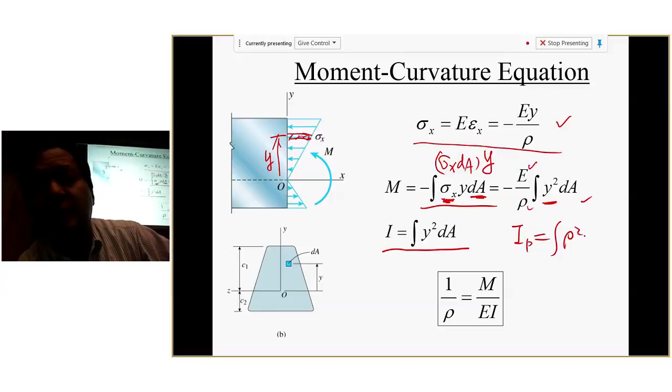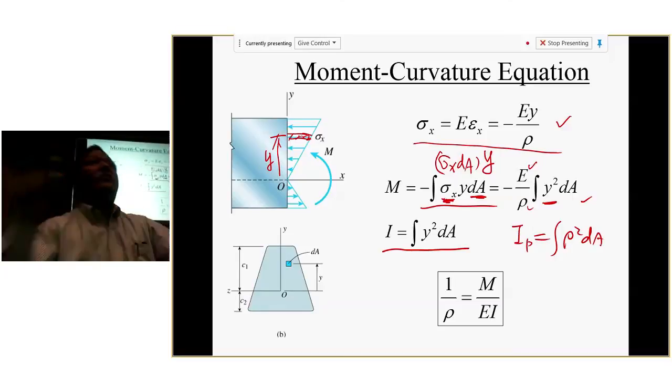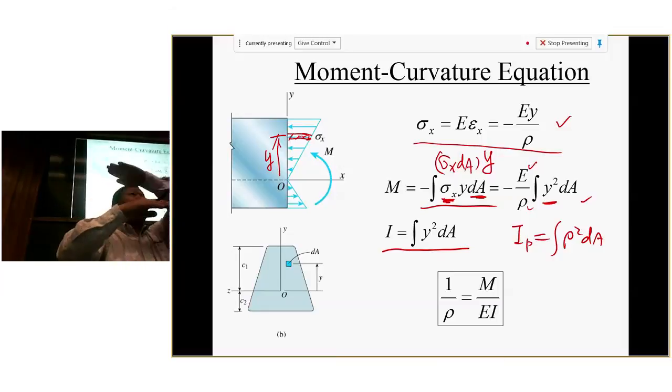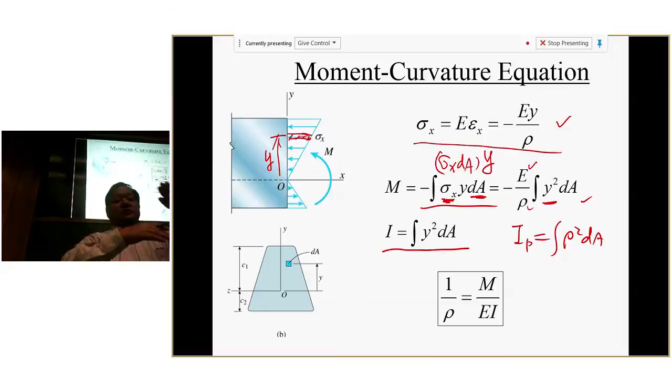Remember, that's the integral of rho squared dA, everything measured to the center, that's why it's called polar. Now you measure to an axis, the neutral axis, so it's a moment of inertia. How to calculate it, we'll leave for later, but this is a quantity that depends on geometry, called moment of inertia, so we just use I here.